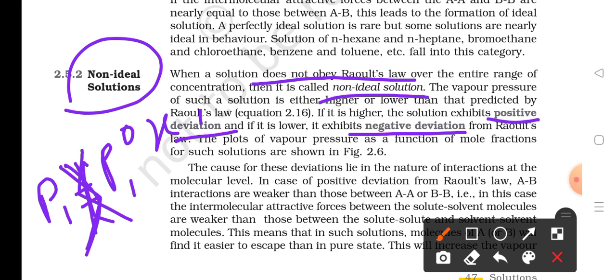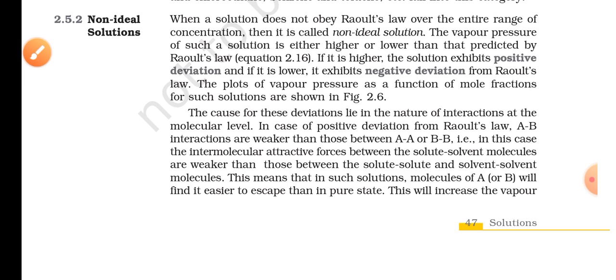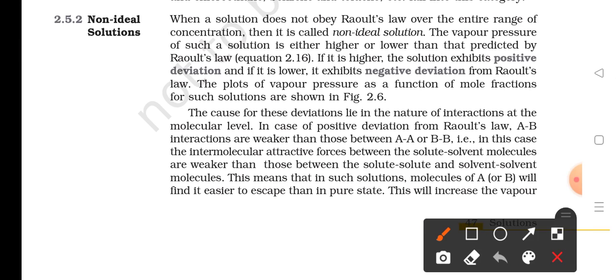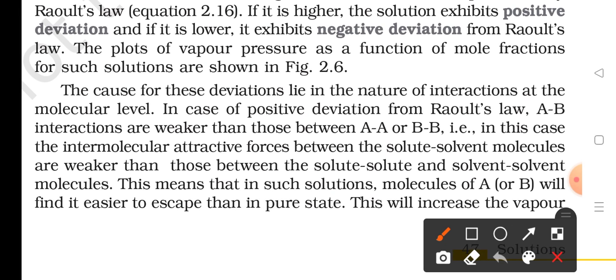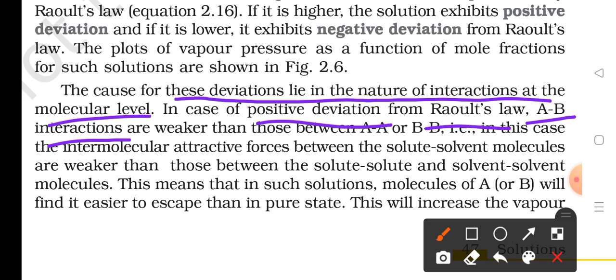So we are going to learn about positive deviation first. The deviation lies in the nature of interaction at the molecular level. In the case of positive deviation, the AB interactions are weaker than those of AA and BB.